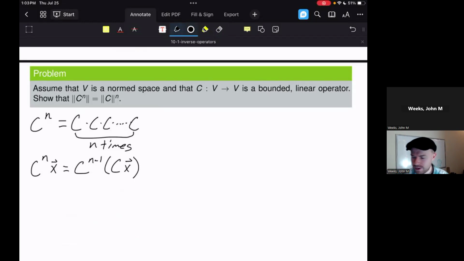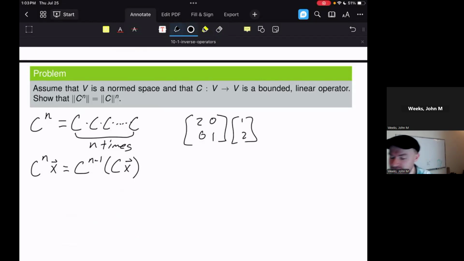You may have seen this operation before where you take a look at something like the matrix 2, 0, 0, 1, and you map through the vector 1, comma 2. And you could see what this does to a vector. It will take the first component and multiply it times 2. But if you did this 4 times, if you mapped it through a matrix 4 times, then what that would do is it would take and raise this to be 2 to the 4th power instead.